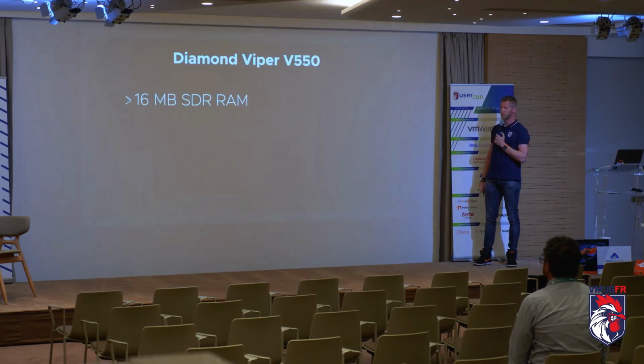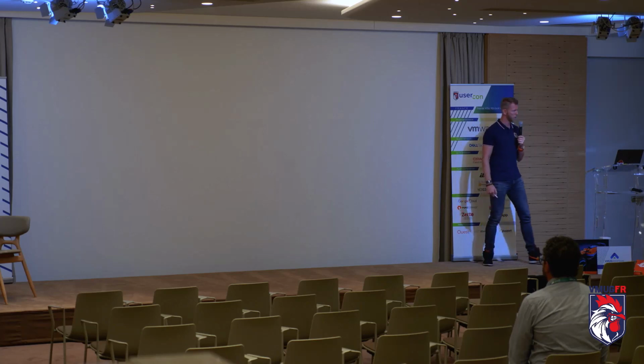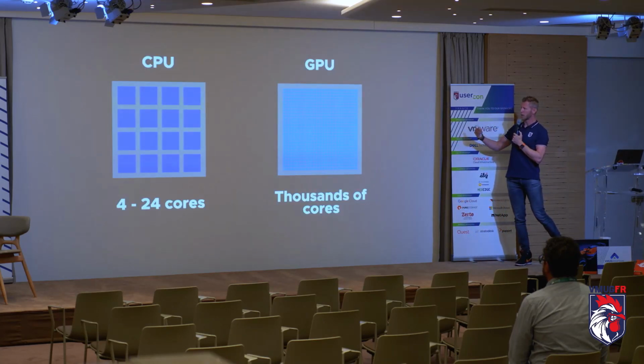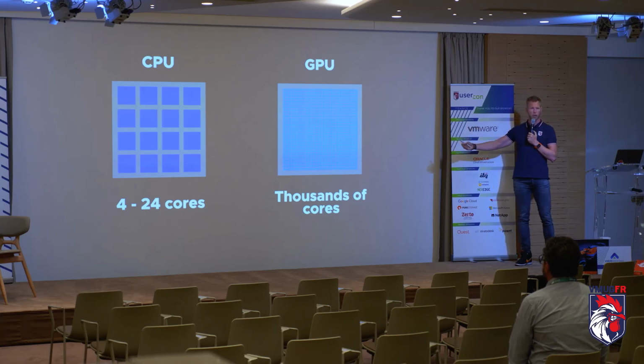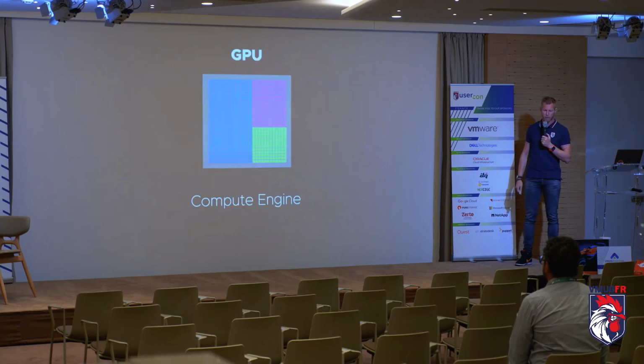And it had 16 MB of RAM and 2 whole cores, 100 megahertz, no encoder. And if you look at how a GPU relates to a CPU: a CPU has multiple complex cores, and a GPU has thousands of cores that are less complex, do a lot of parallel processing, but of specific types of calculations only.